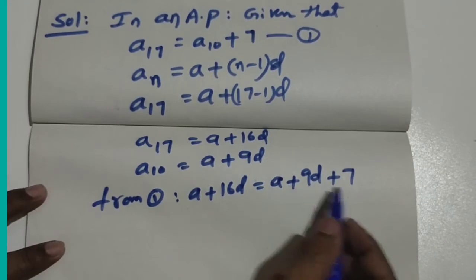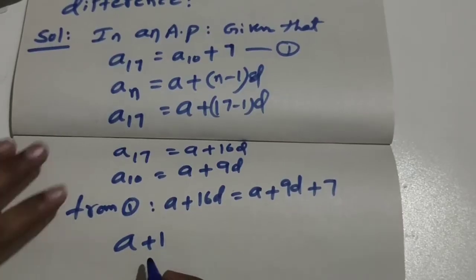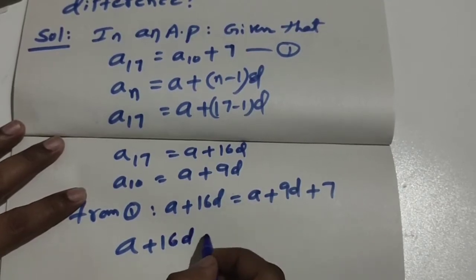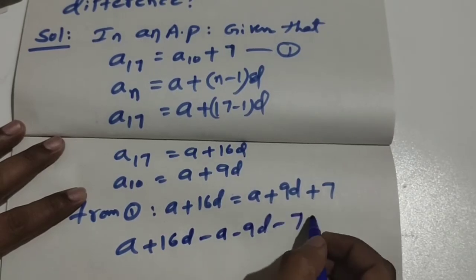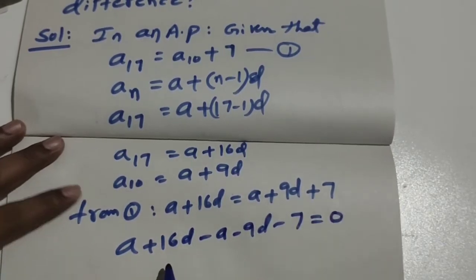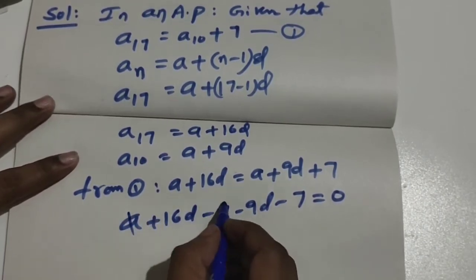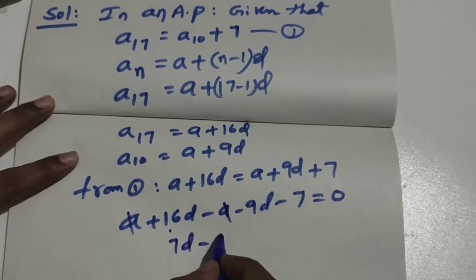Now take that A plus 9D plus 7 on the left side. Then A plus 16D minus A minus 9D minus 7 is equal to 0. Now here A minus A gets cancelled. 16D minus 9D, that is 7D minus 7, is equal to 0.